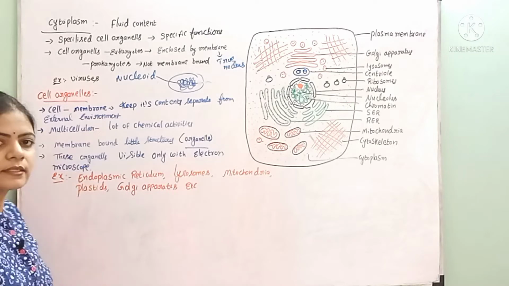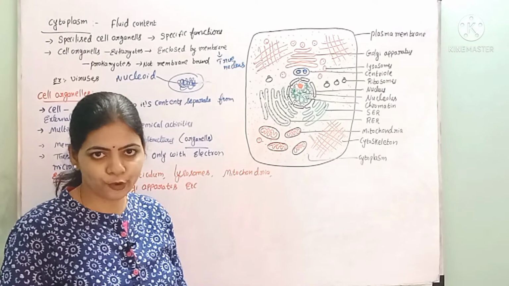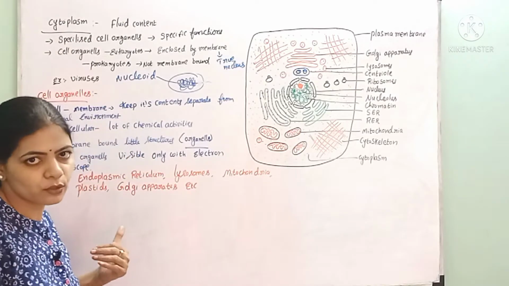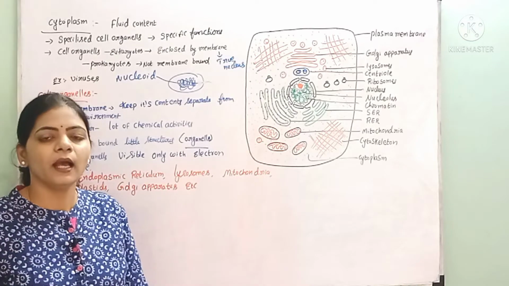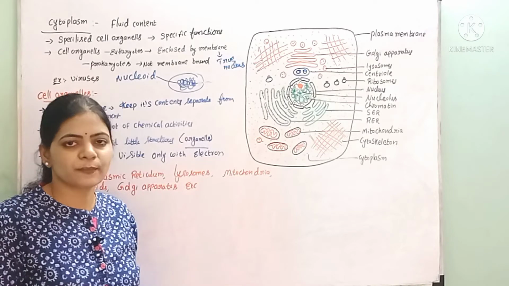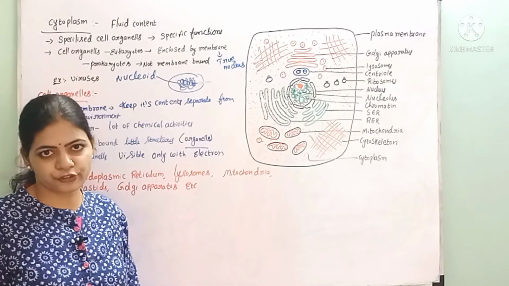And these organelles are visible only with the electron microscope. That means we have two kinds of microscopes. One is the light microscope and another one is the electron microscope. The light microscopes are less expensive and have less magnification power and less resolution.